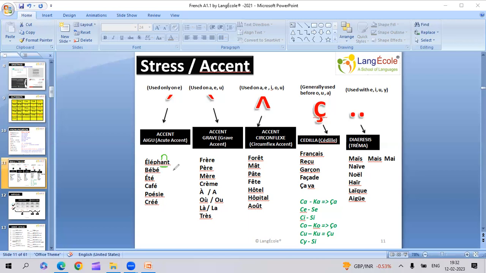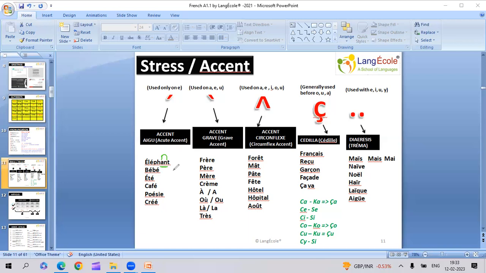But here I'm just giving you a hint: 70%, 80% of the time when an E is there at the end, for beginner level students, you can consider it a feminine word, but there are exceptions. For example, the word livre, L-I-V-R-E, means book, and it is a masculine word.